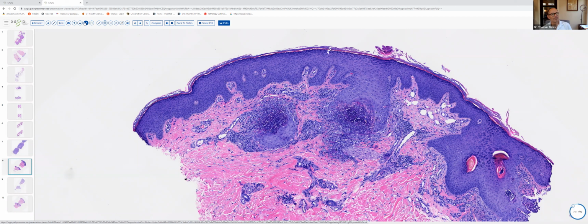In reactive perforating collagenosis, and I'm going to use my pencil here, one tends to get a broader transepidermal elimination channel.